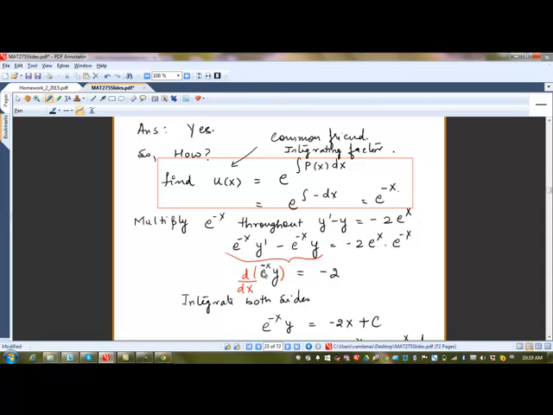And this happens every time. Whatever the integrating factor is, times that y will always be the outcome up here. You can check it right now in this particular problem: e to the power negative x and derivative of y, product rule. E to the power negative x derivative is negative e to the power negative x times y. So this is exactly these two terms.